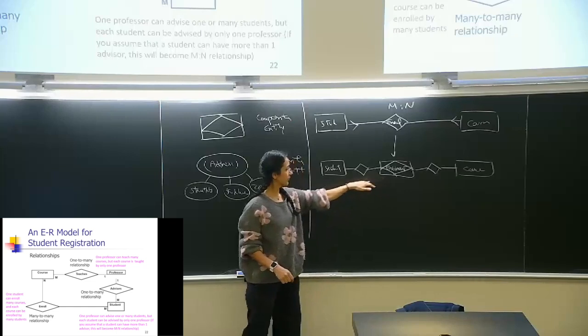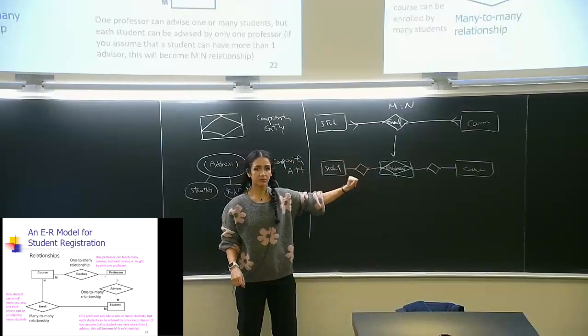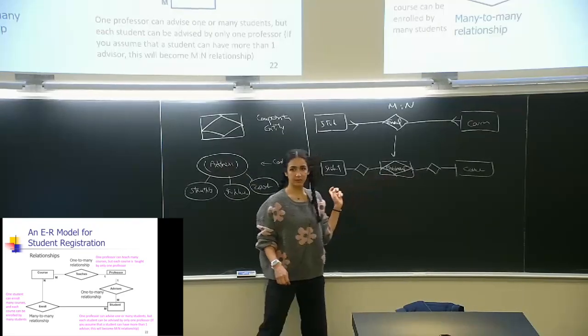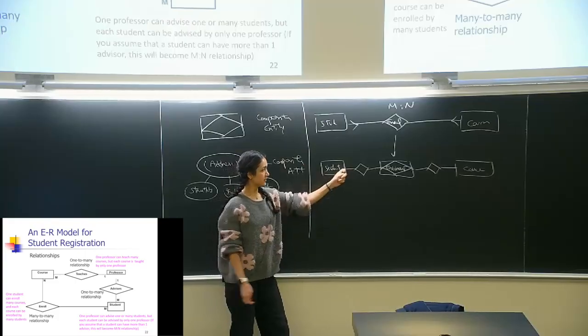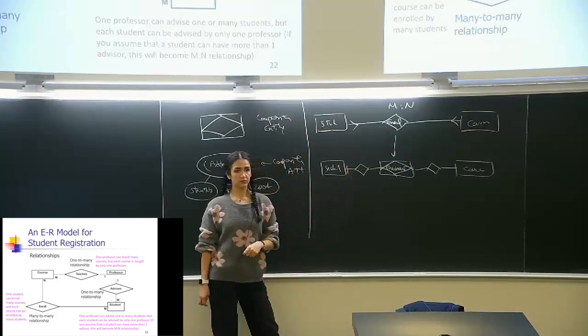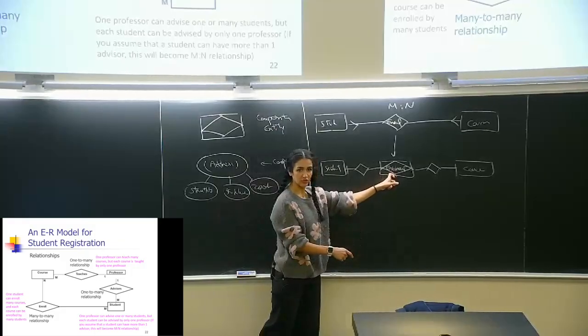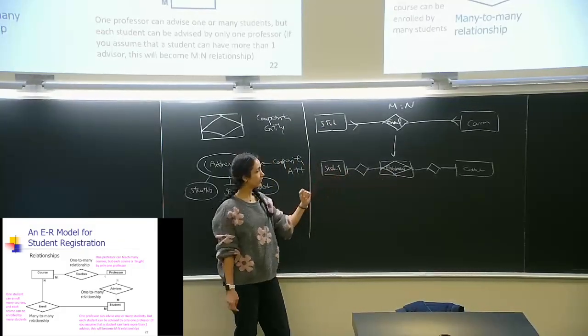And what is the type of relationship here between a student and enrollment? One-to-many, right? Which side is one, which side is many? Is this one? Yes, because each enrollment is related to only one student, right?